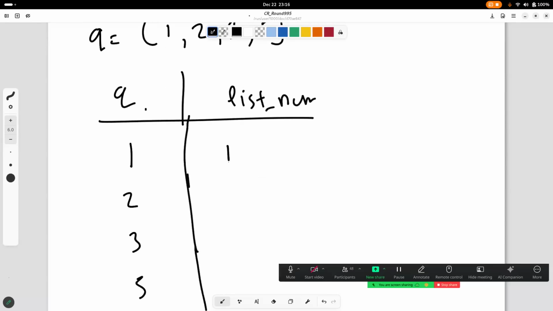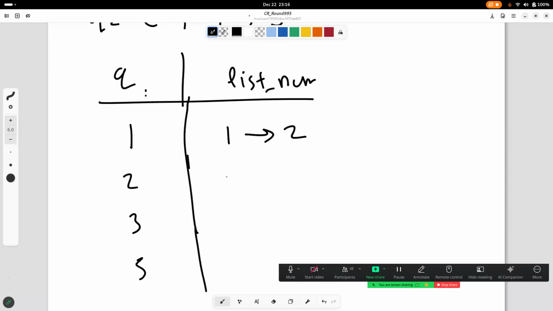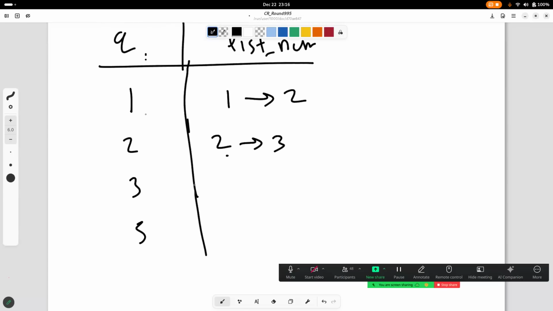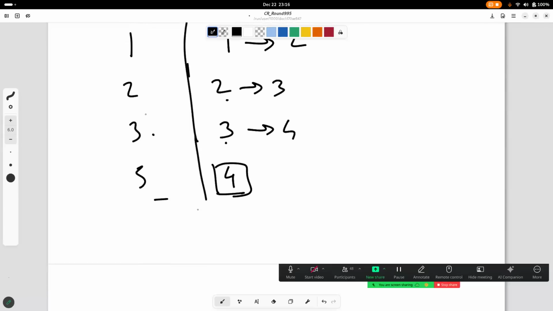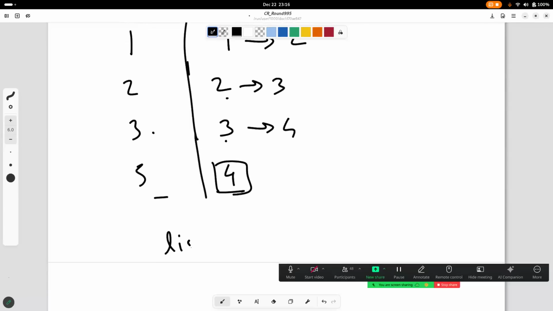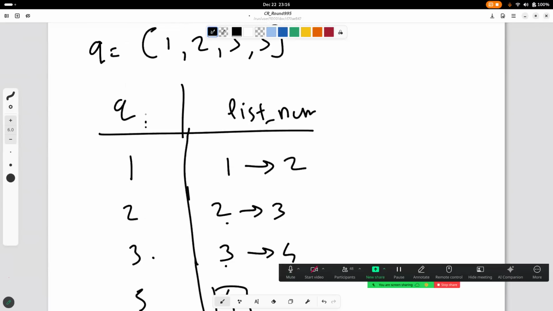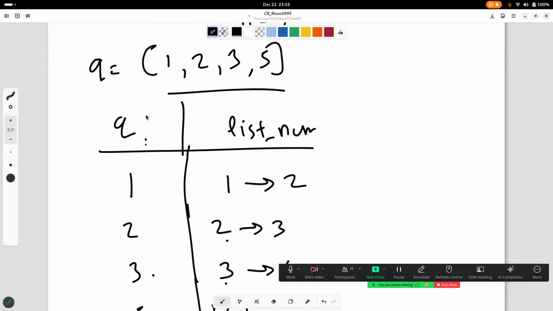And our list number is initially 1, but these two 1s match, so 1 would be converted to 2. Then our list number is 2, these two 2s match, so it would be incremented and converted to 3. Then we have 3 over here, these two 3s match, so that would be converted to 4. And we have 4 over here, 4 and 5 don't match, so this would remain the same. And at the end, our list number would equal 4. So that would be the element that's not present in the problems that we can solve.